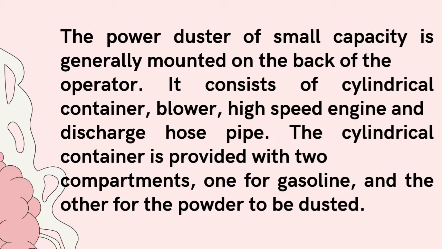It consists of a cylindrical container, blower, high-speed engine, and a discharge hosepipe. The cylindrical container is provided with two compartments, one for gasoline and the other for the powder to be dusted. The blower is directly mounted on the crankshaft of the high-speed 4,000 RPM air-cooled engine.